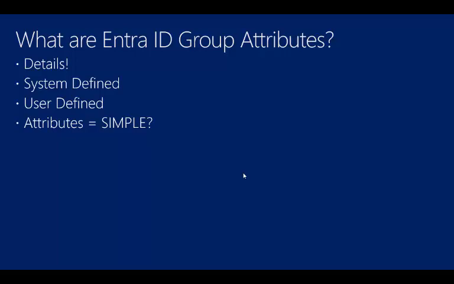For a user, it could be their email address, their office location, their phone number, something that will describe the user that we want to include in the group. For a device, it could be the IMEI, the MAC address, the name, or a number of other factors that we'll see.